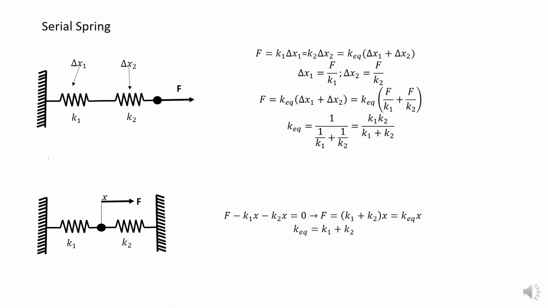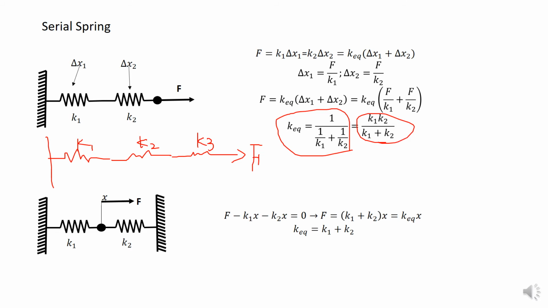Okay, so if we have 3 serial springs, K1, K2, K3, and a force, what is the answer? Actually, try to remember this equation, not this conclusion, because this must be the easiest to remember.